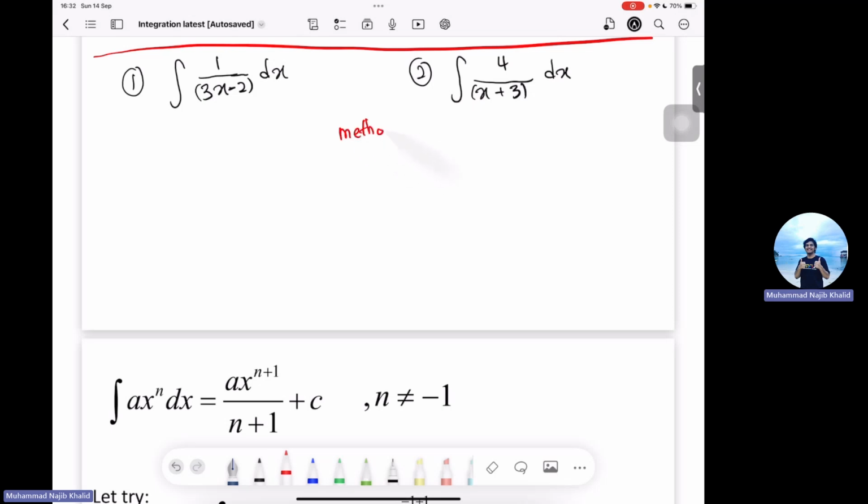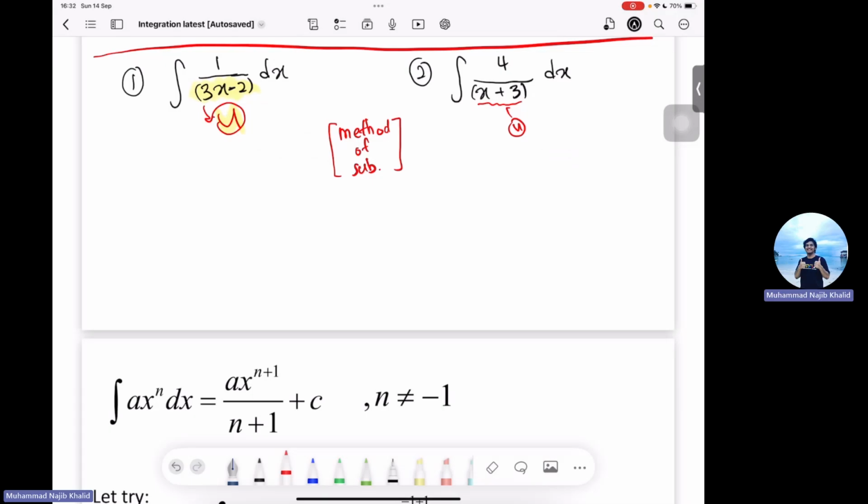I give you a hint. For a 1 over function, or inverse function, we mostly pick u as the denominator, the function under 1 over.